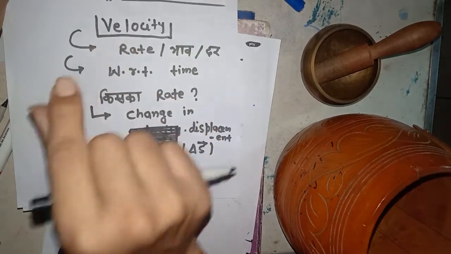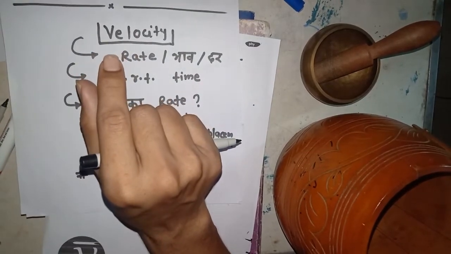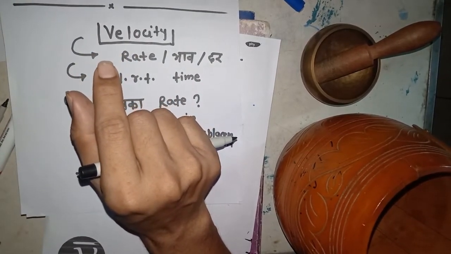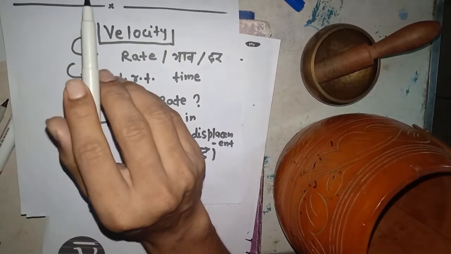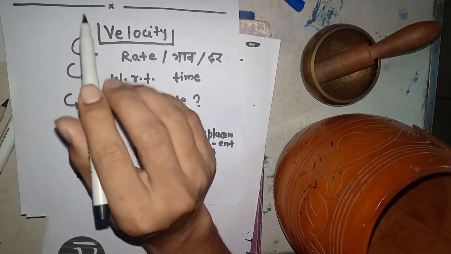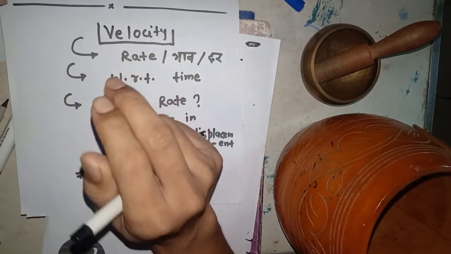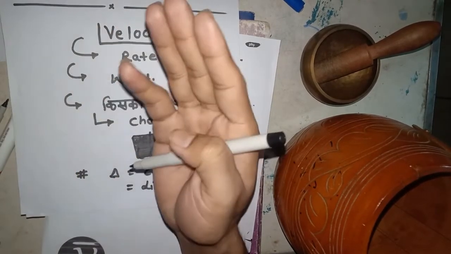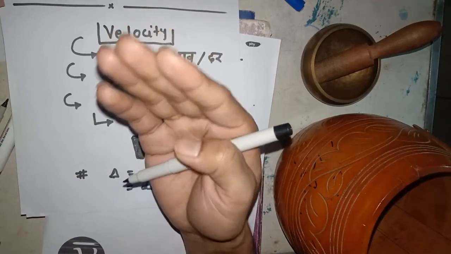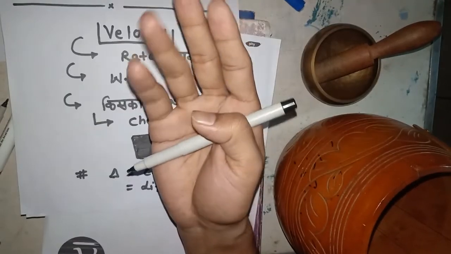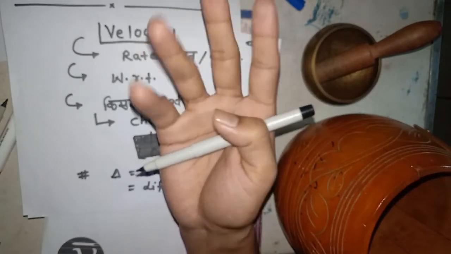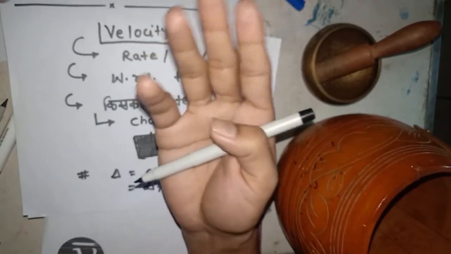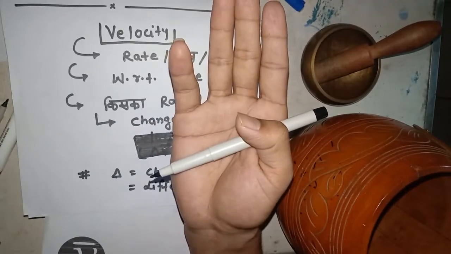For example, if I am at 5 meter from my home and I travel 2 seconds more and reach 10 meter from my home, what is the change in displacement in that case for 2 seconds? It is simply 10 minus 5, which is 5 meter in 2 seconds.